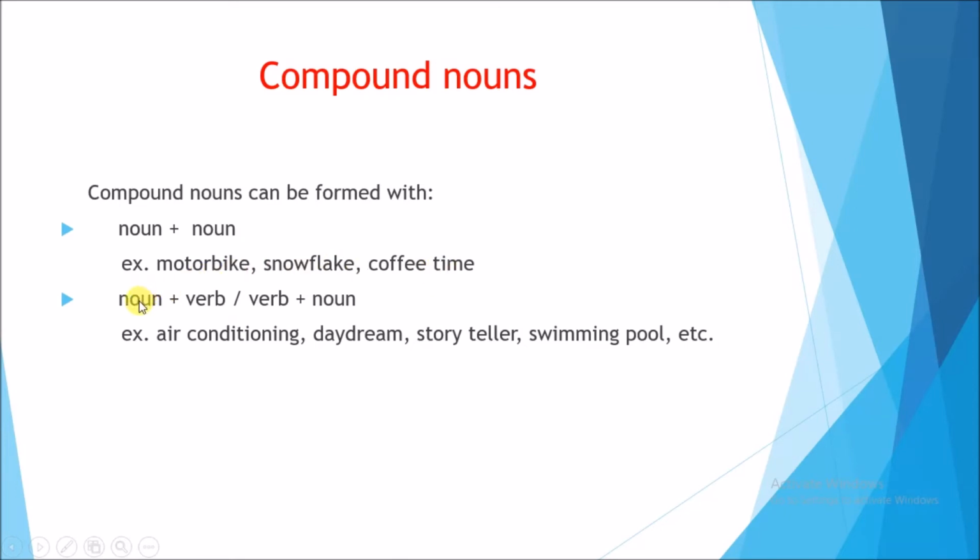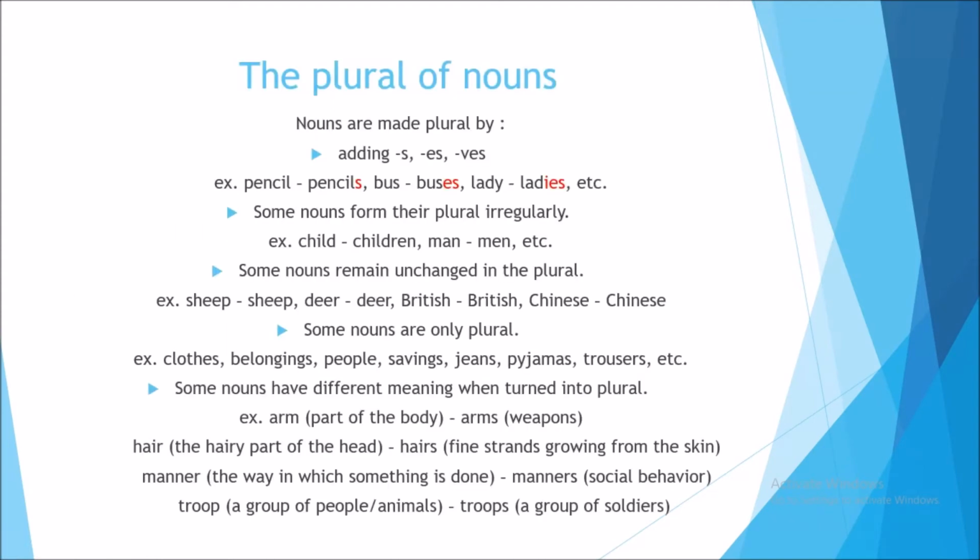Or they can be formed with noun plus verb or verb plus noun. Air conditioning, daydream, storyteller, swimming pool. And this is the end of the types of nouns.